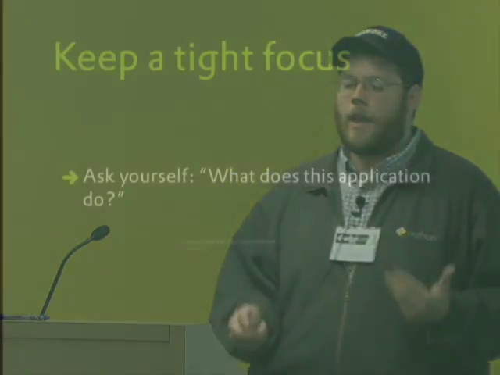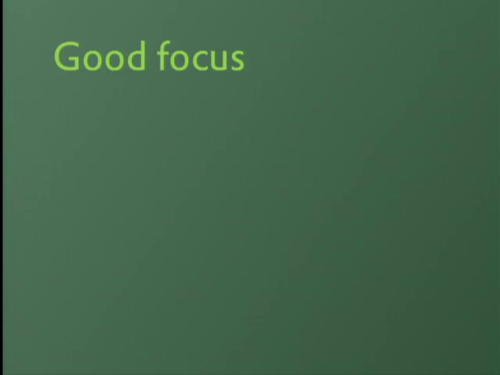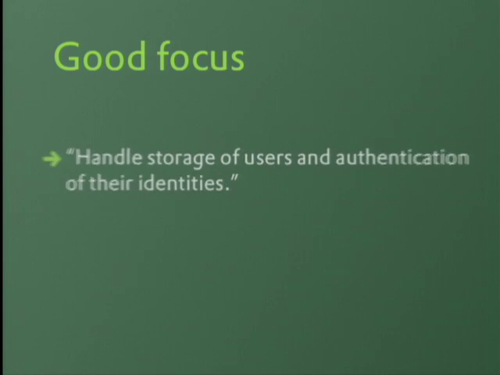You end up with what I call tight focus. And what I like to do when I'm developing an application is ask myself, okay, so what is this supposed to do? Generally, the answer to that question should be 1 or maybe 2 short sentences. Just to give a couple of examples, if you want to talk about django.contrib.auth, okay, what does it do?